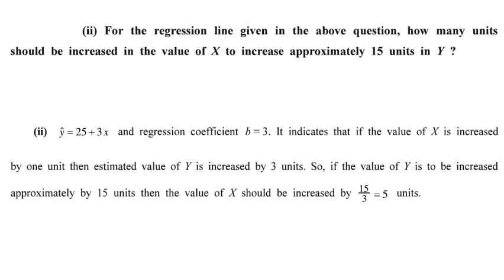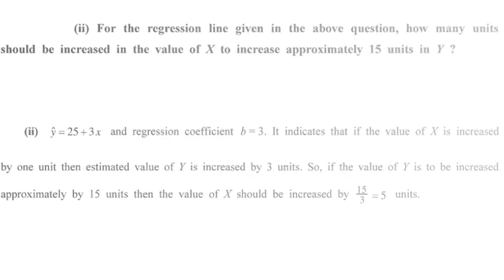B means when x is increased by 1 unit, y will be increased by b units. So I just have to take the reverse: if I am increasing y by certain units, I divide it by b to get the units of x. So I want y to be increased by 15 units, b is 3, so 15 upon 3 is equal to 5 units for x.